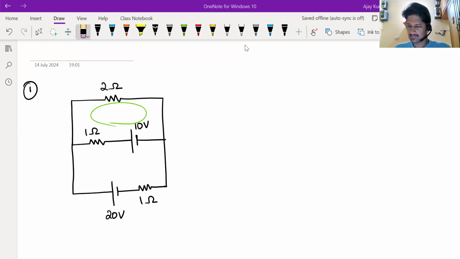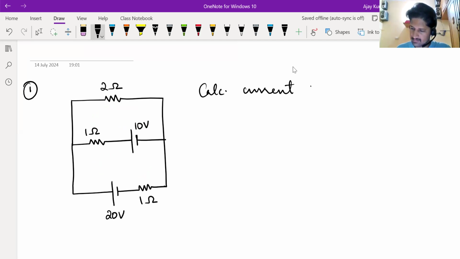So do we have to find the net current before applying KVL? You have to assign some currents, unknown currents you will have to assign to each branch. See, the question itself is to calculate current in each branch, right? In all branches. So first assume some currents to be flowing in those branches.